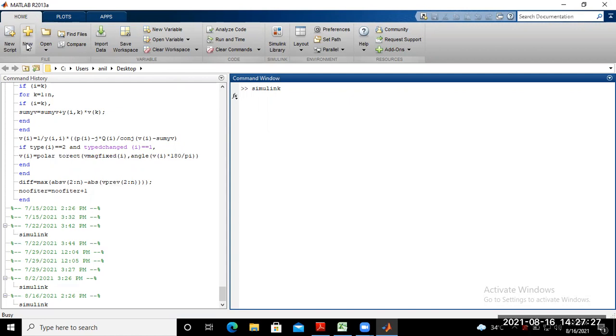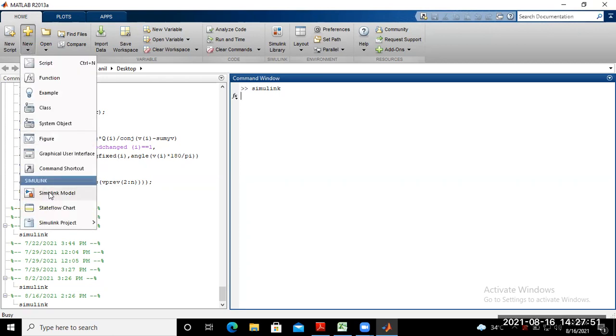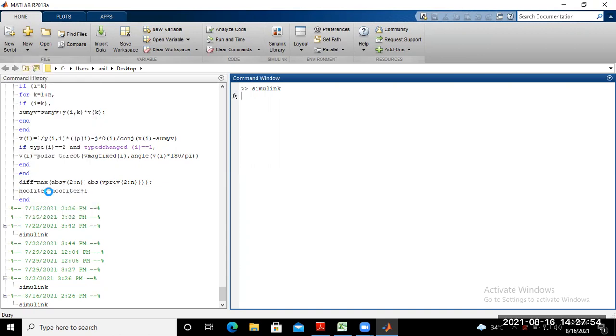Click on here, the Simulink model. So create the new workspace where you can simulate the circuit.